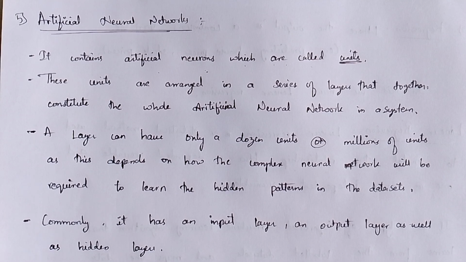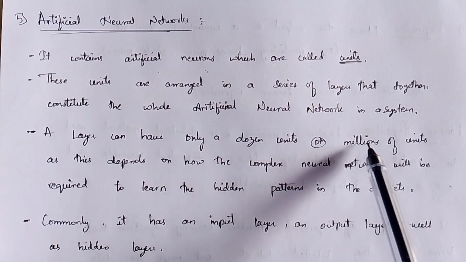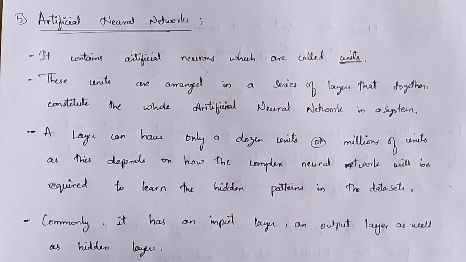If a human being has only a few neurons, then the human being is not stable. It should have millions of neurons. But in the case of an artificial neural network, we can have only a few dozen or millions of units. This depends on how complex the neural network is required to be to solve the problem or to learn the hidden pattern in the data set. The number of units depends on the type of the problem you are solving, or the type of the pattern you are learning.